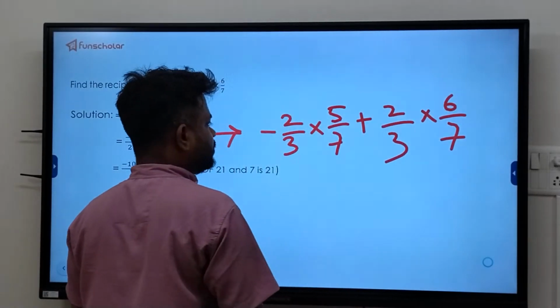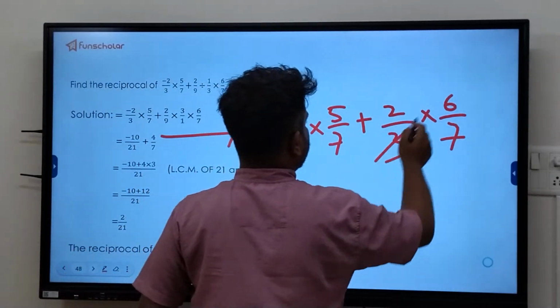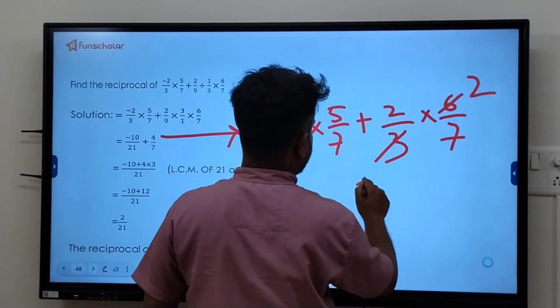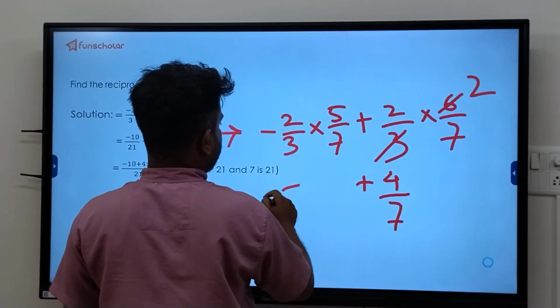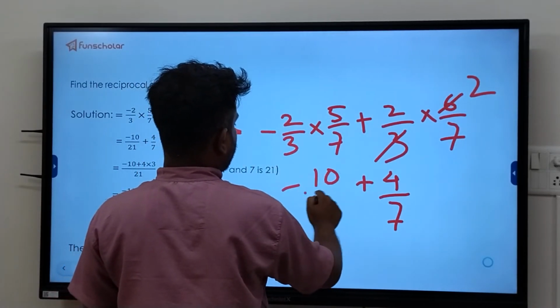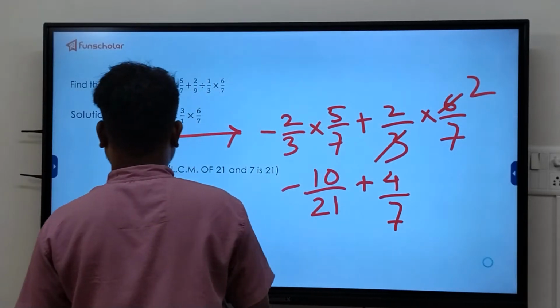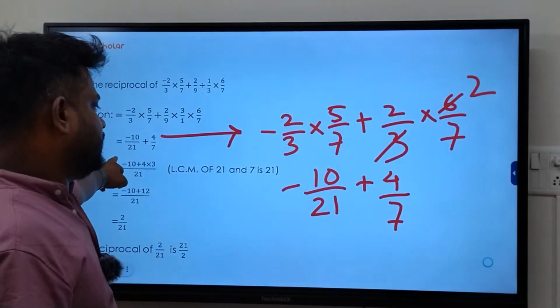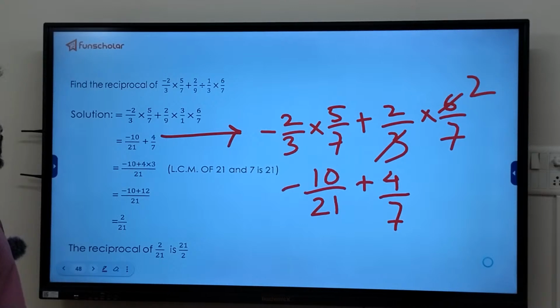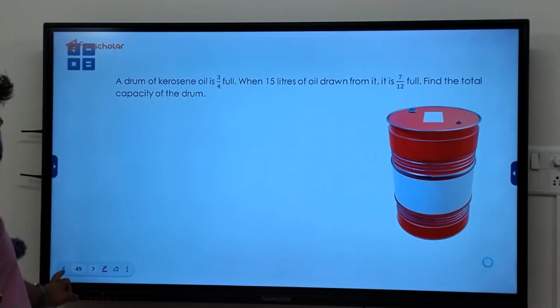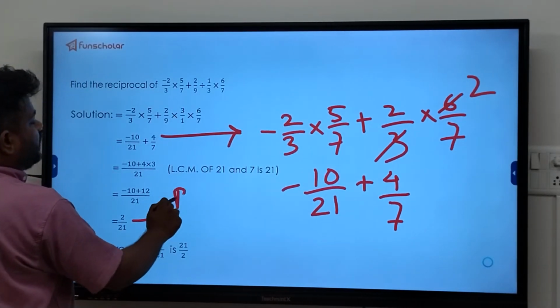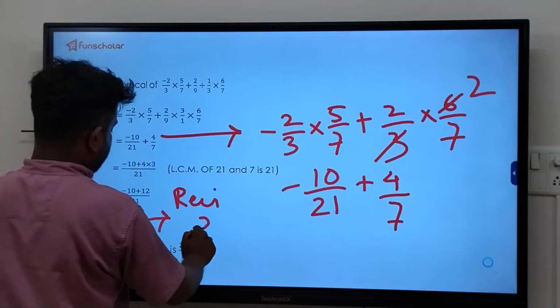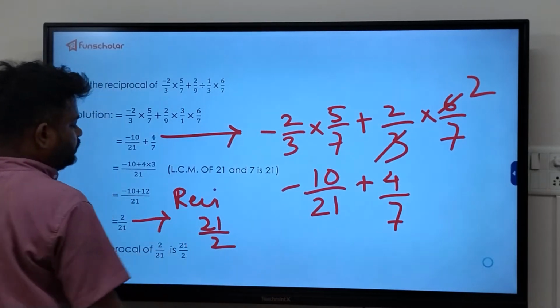Then we use multiplication and cancel to make 4 by 7, and it will be minus 10 by 21. They have done this here, and the answer will be 2 by 21. And lastly we have to take the reciprocal of 2 by 21 to make it 21 by 2.